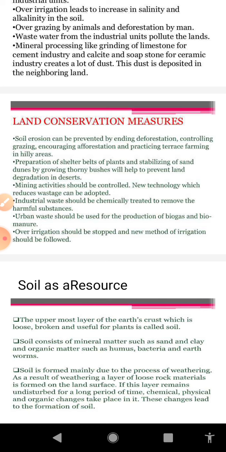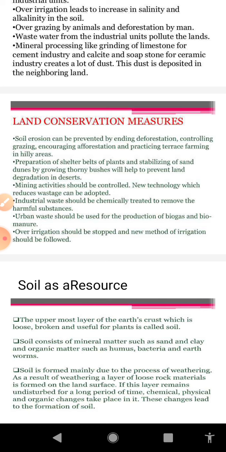In physical factors, the points which can be included are topography or the landforms, climate, soil type. In human or economic factors, we can include density of population, technological know-how possessed by the people, culture and the tradition of the people of a country.